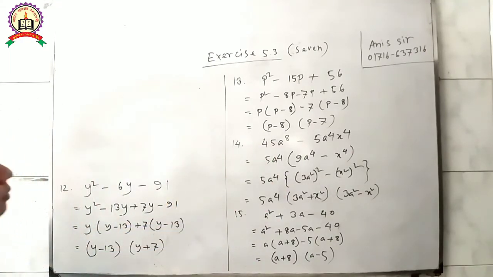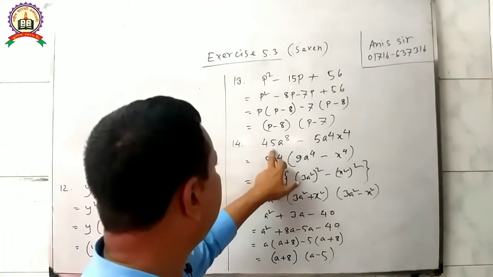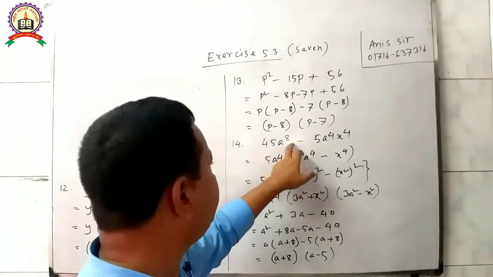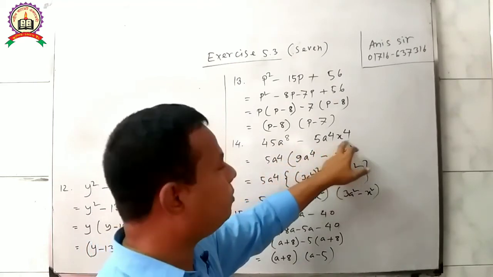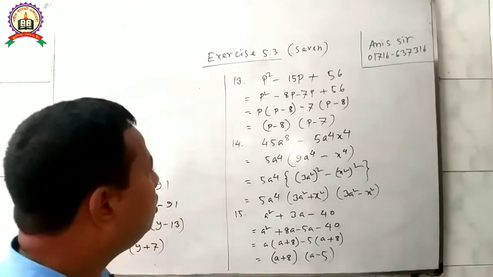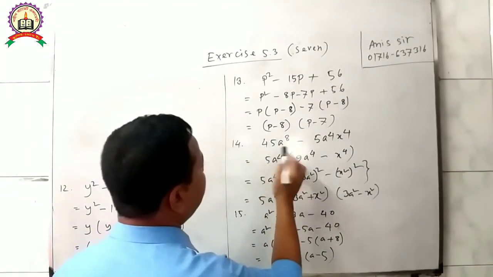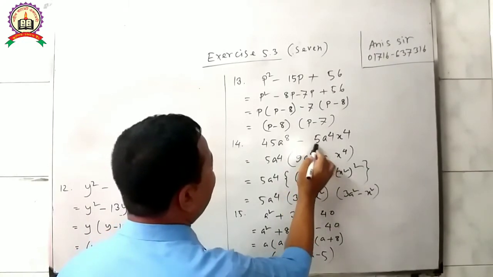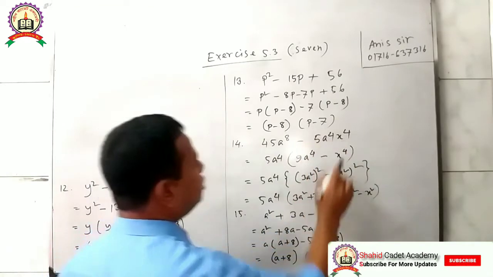Now question number 14. Here 45 a to the power 8 minus 5 a to the power 4 x to the power 4. So if we think, then we see that 5a4 is common in these two terms.